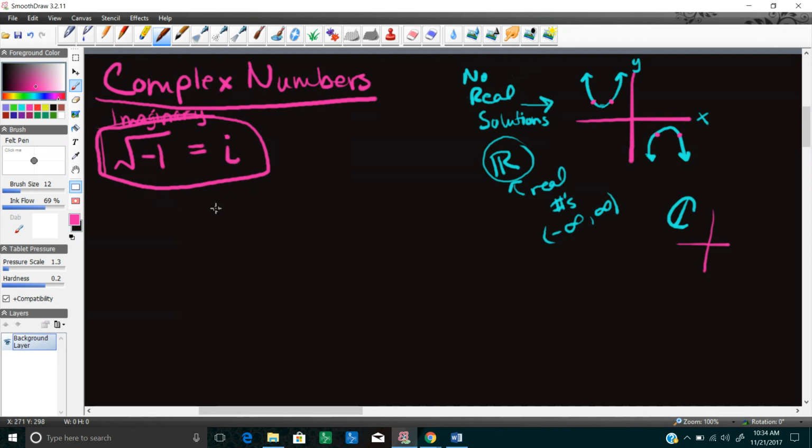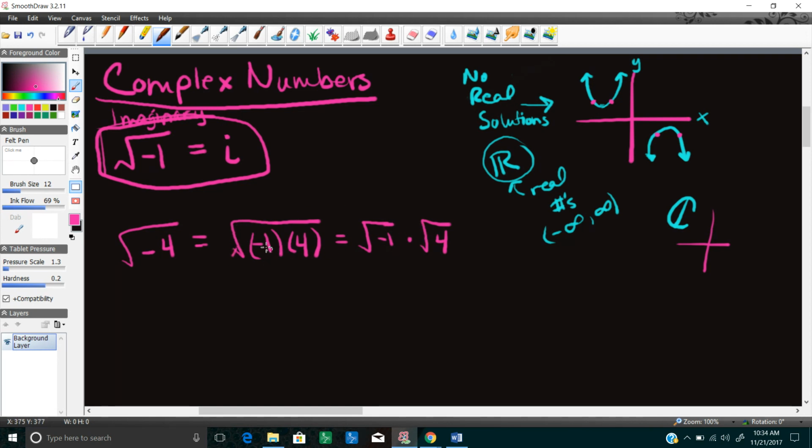Whenever you have a negative inside a square root, it's the equivalent of one imaginary number. For example, let's say we had the square root of -4. If you remember your rules with square roots, this is the same as the square root of -1 times 4. All I'm doing is separating -4 into -1 and 4, which is the equivalent of the square root of -1 times the square root of 4, because the rules of square roots allow us to do this.